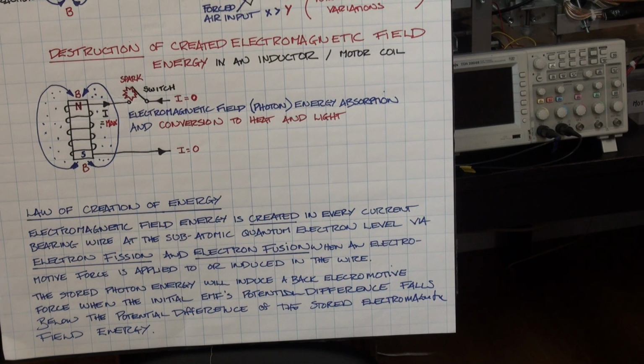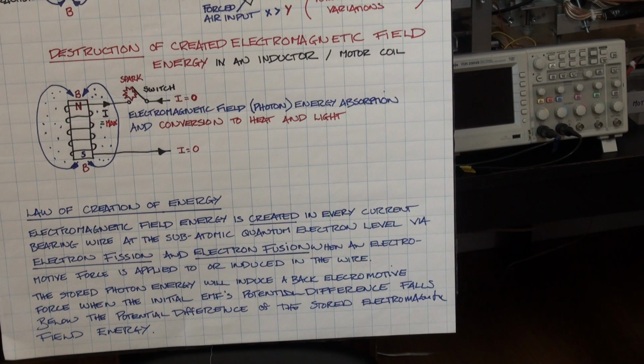So again, if you put electric energy into an inductor, some of that electric energy will be converted to heat, and via electron fission and electron fusion, an electromagnetic field, photon energy field, will be created around the inductor.